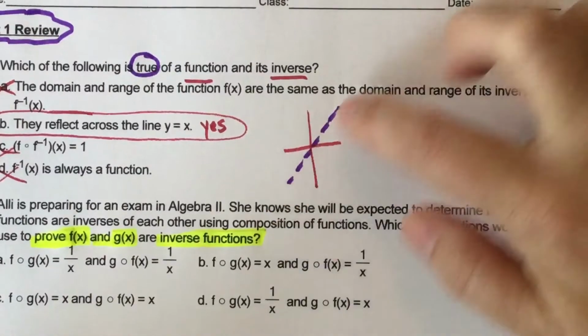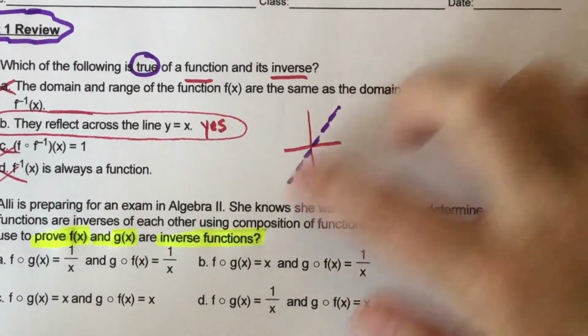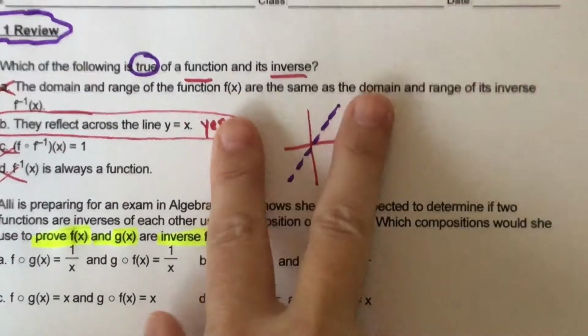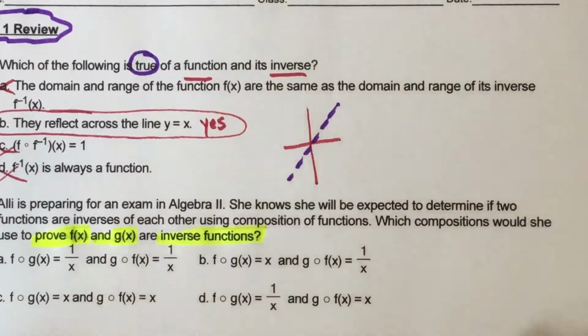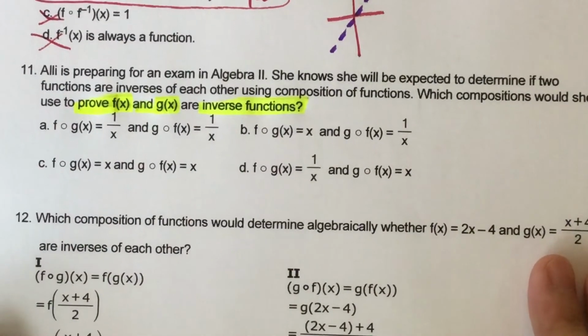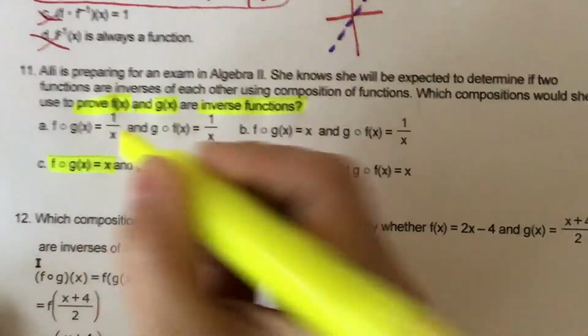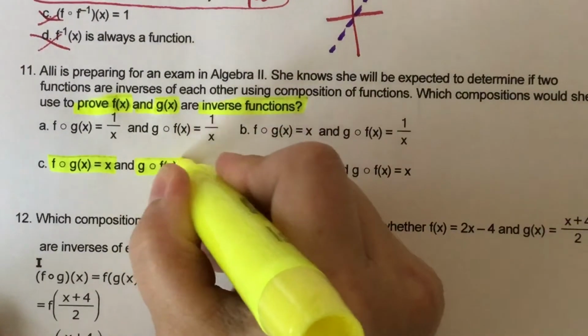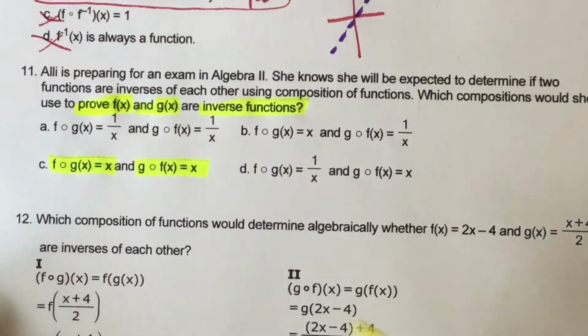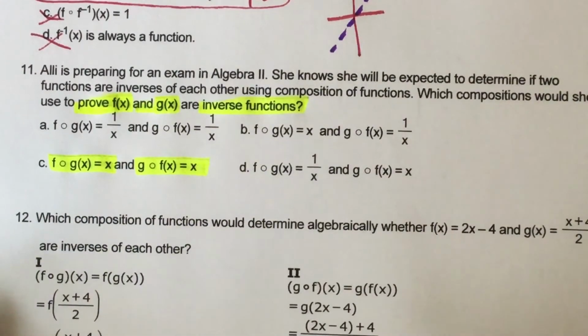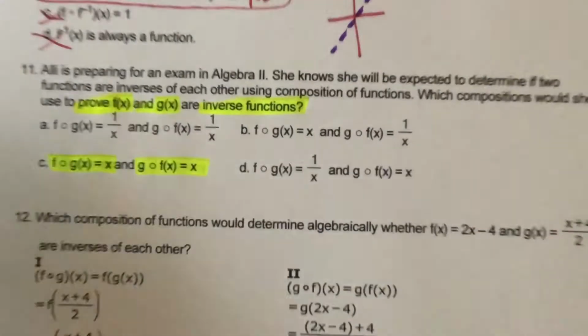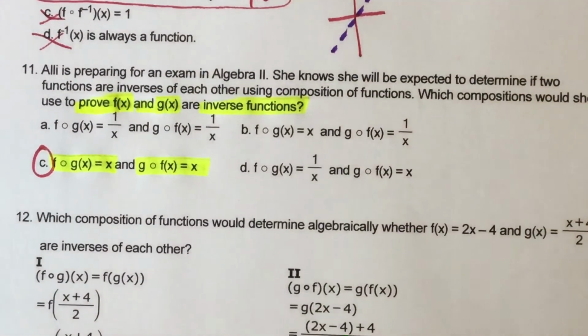The graphs have to reflect over the line y equals x. They have to flip-flop their x's and y's. But the really technical thing that has to happen is f of g of x has to equal x, and g of f of x has to equal x. If that doesn't happen, then they are not inverses. So C is the one that we want.